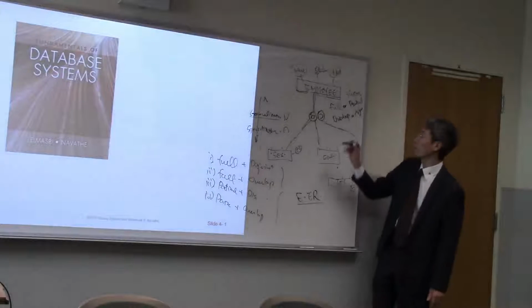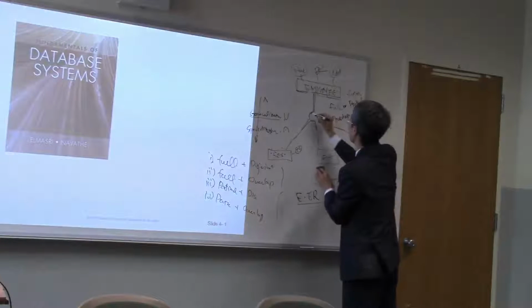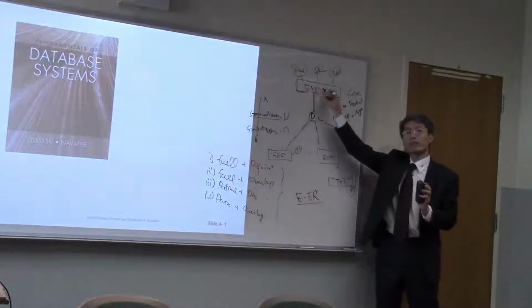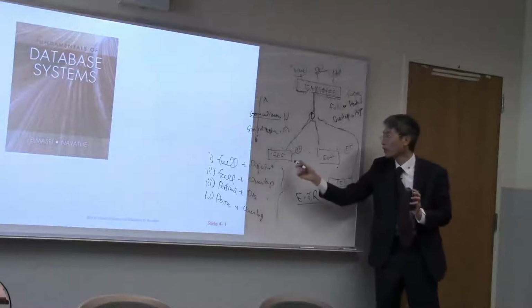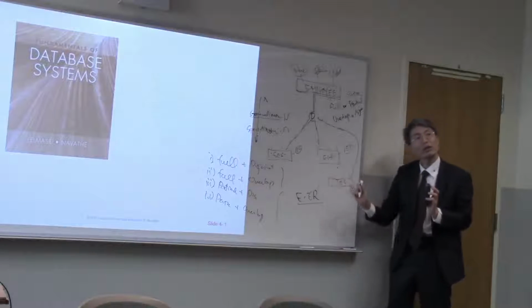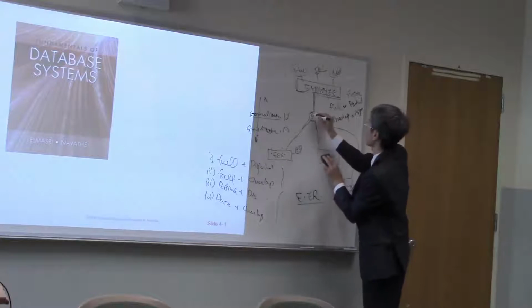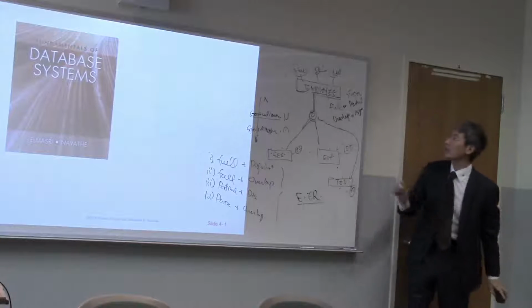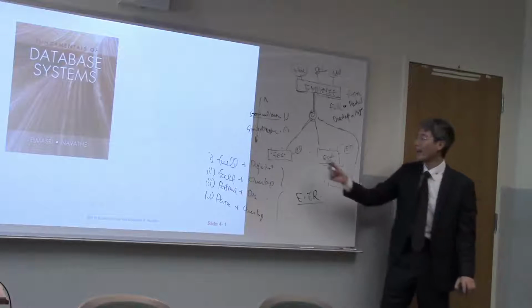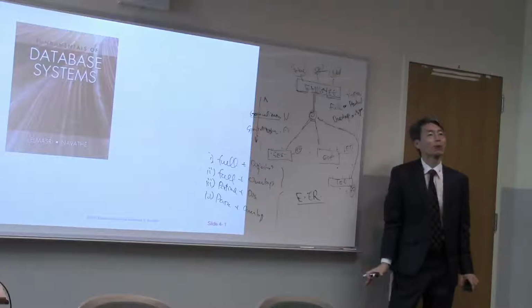Okay? So, for example, in this case, what does it mean? Double line and D means all employees should be either secretary or engineer or technician. Okay? If I change the D into O, it means all employees should be at least one of these subcategories of the employee.